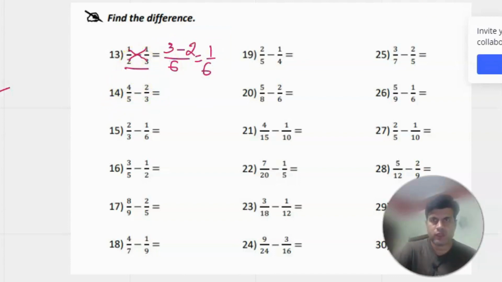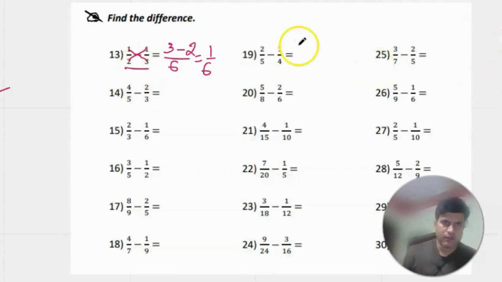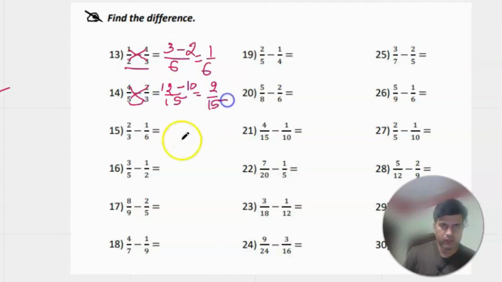We can also calculate the remaining part like this. If we multiply these two numbers, it is 15. How much will this become? 15. 3 4s are 12 minus 5 2s are 10, so it is how much? 2 over 15, like this.